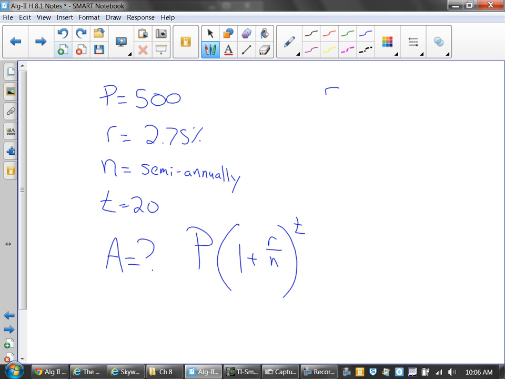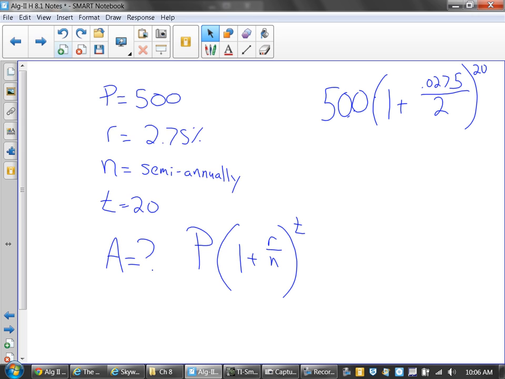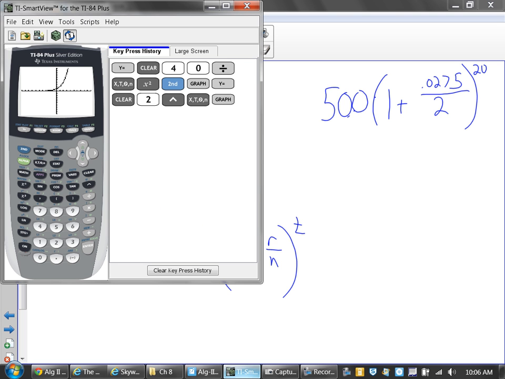I could type in 500 parentheses 1 plus 0.0275 over 2 to the 20. I could type it in exactly like that if I use the correct button sequence.